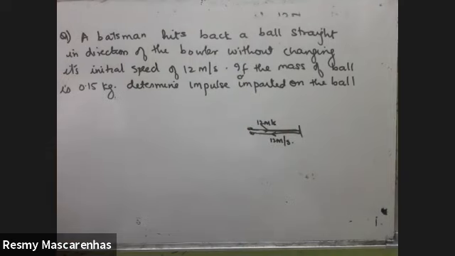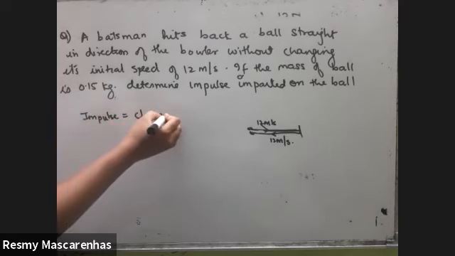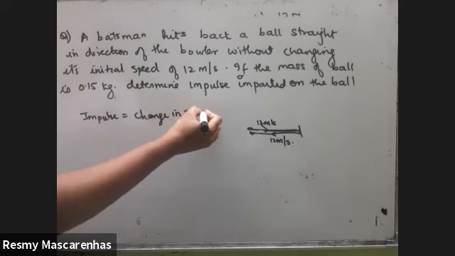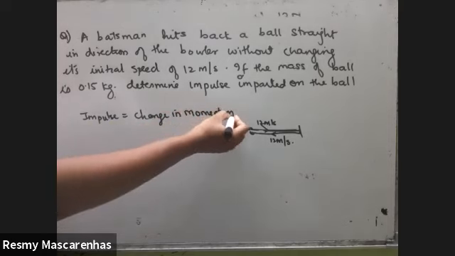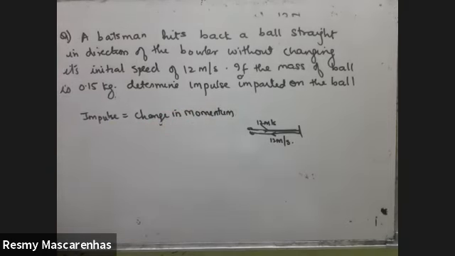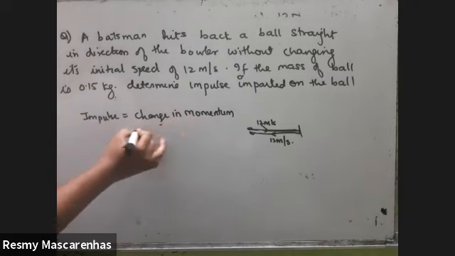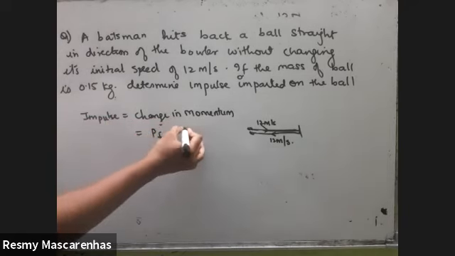Determine the impulse. So we know that impulse, we have proved also, is equal to change in momentum. We have seen the relation between impulse and momentum. What is change in momentum? P final minus P initial.